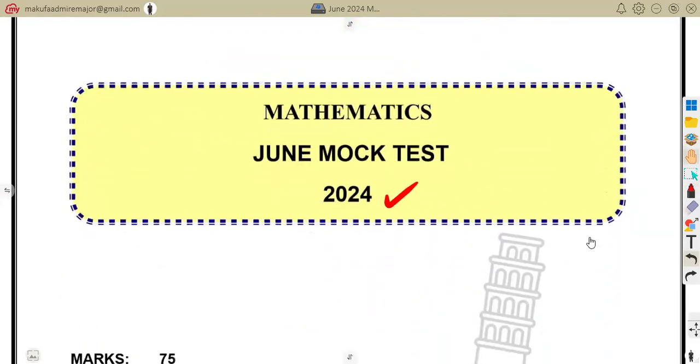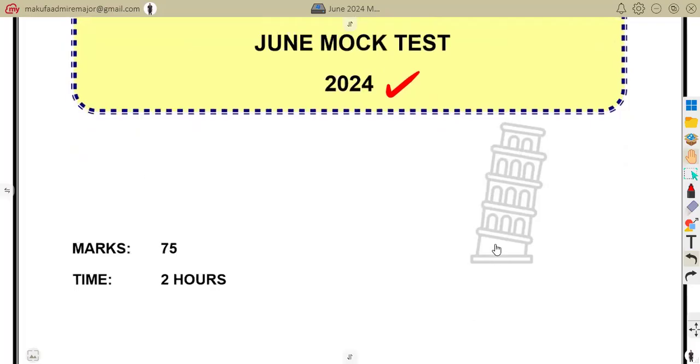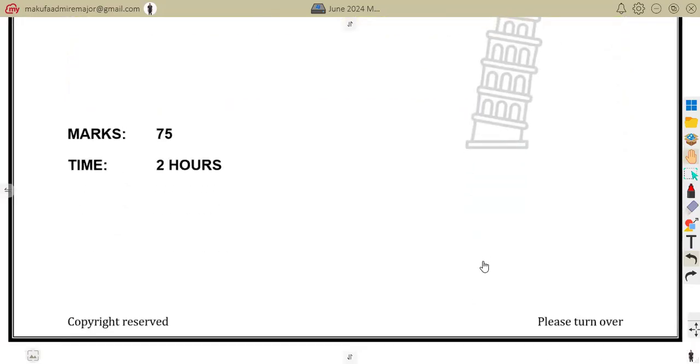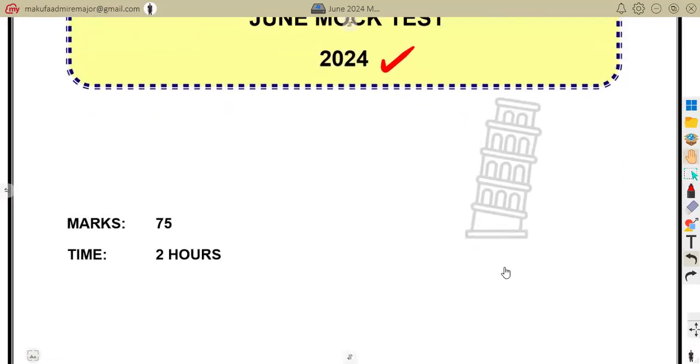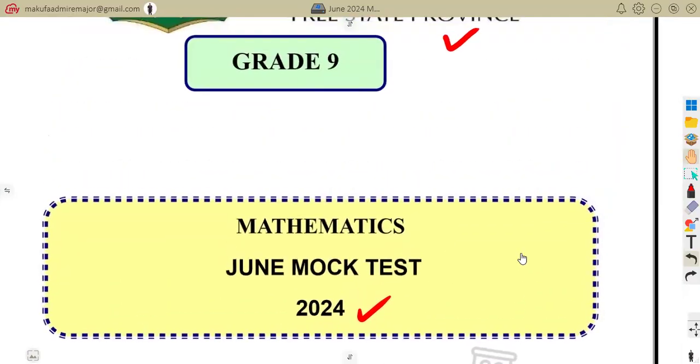So we are going to go through the questions and see how they were given the questions, right? If you are of the Free State province, you might have similar or exact questions. In most cases, these questions do repeat.